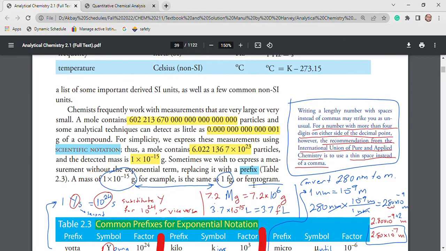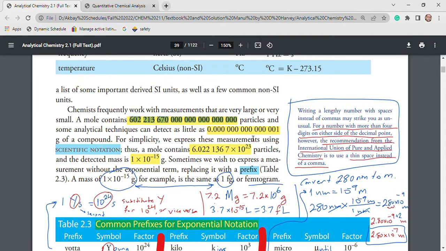Now, along with the units, of course, we have prefixes, and the prefixes are to make numbers easier to handle. For example, a mole of any substance contains this huge number.